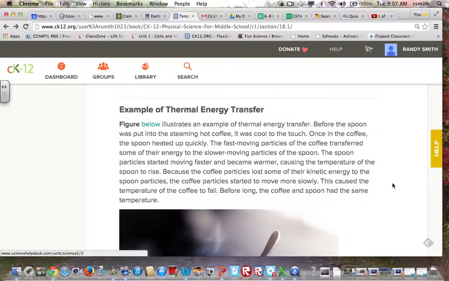The spoon particles started moving faster and became warmer, causing the temperature of the spoon to rise. Because the coffee particles lost some of their kinetic energy to the spoon particles, the coffee particles started to move more slowly. This caused the temperature of the coffee to fall. It got colder. Before long, the coffee and the spoon were at the same temperature.